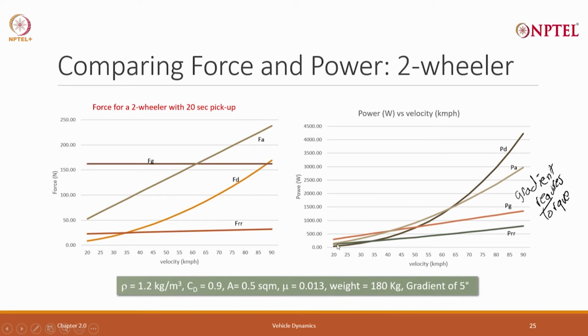At 15 kilometer per hour they are low, but totally I will require about 700 watts. If I have 700 watts of power, it is enough to travel at 15 kilometer per hour. But if I want to travel at a higher slope, you will have a problem.